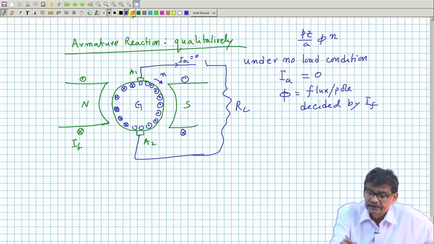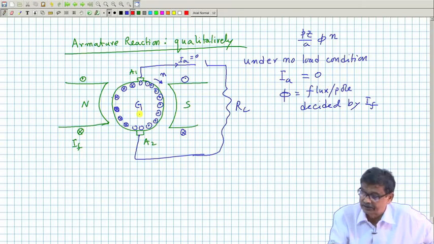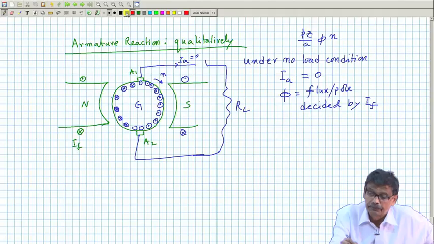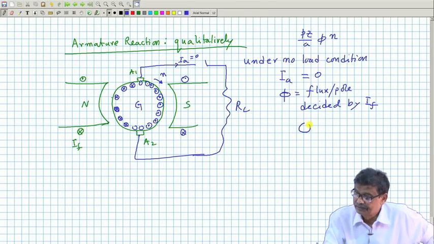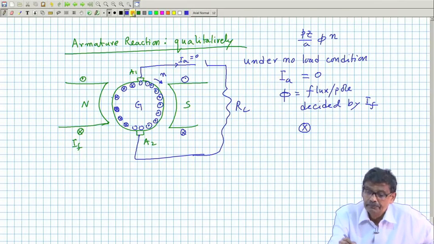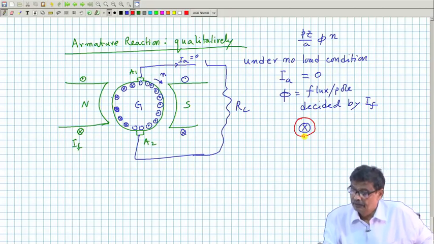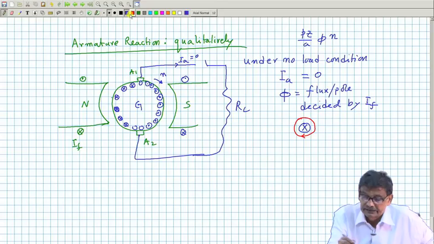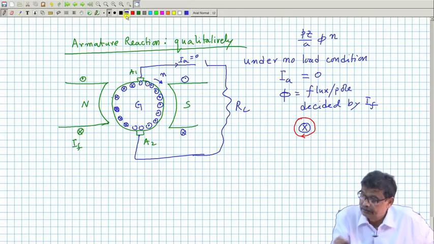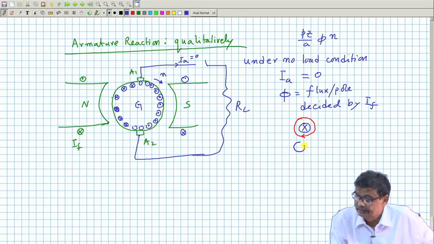Consider conductor by conductor here. Suppose you have a conductor carrying cross current, the magnetic field produced by this will be like this. We know there is another conductor here, which is also circular like this. This is carrying cross.